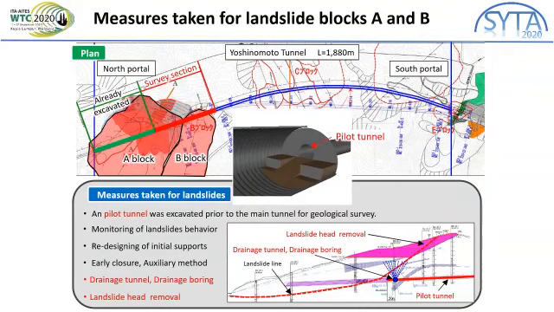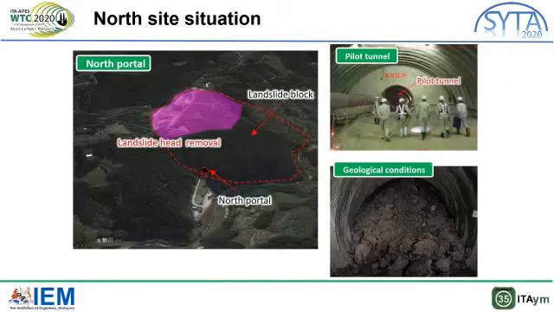In addition, excavation of the drainage tunnel and drainage borings were conducted to prevent the landslide. This slide shows the situation during the pilot tunnel excavation from the north portal. The red dotted line indicates the area where the large landslide occurred.